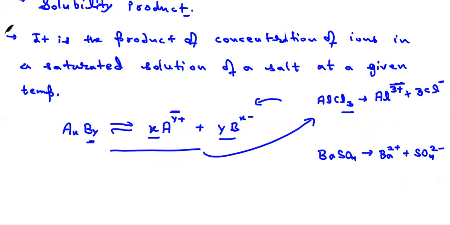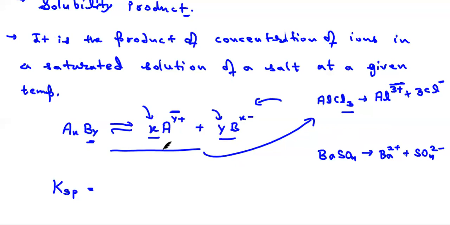Now after that, if I want to find the solubility product, it is represented by KSP. This is the solubility product. So what is the product here? Can I say A y plus? And can you see this B x minus? And can you see the coefficients here, x and y? That becomes the power.